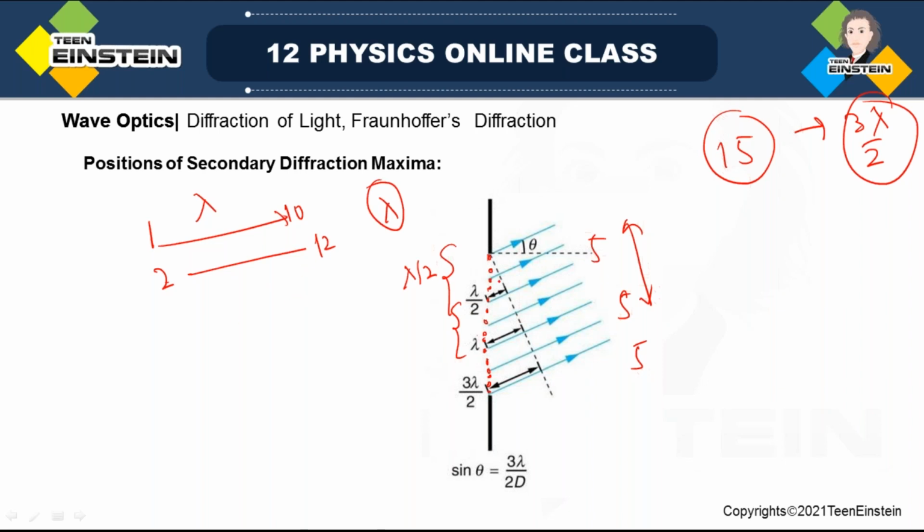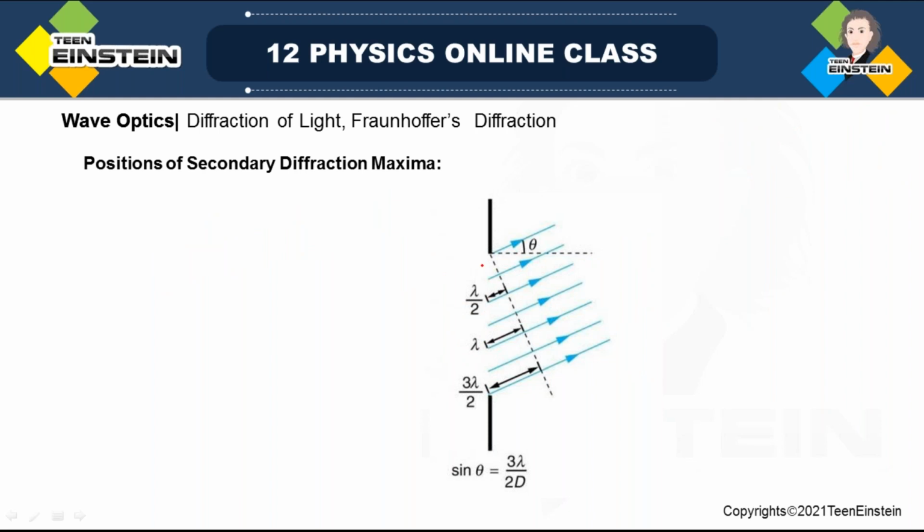It will be 11th maybe. So this is how each of them will give you path difference lambda. In between these two portions, there will be corresponding sources which will give you path difference lambda, or destructive interference.